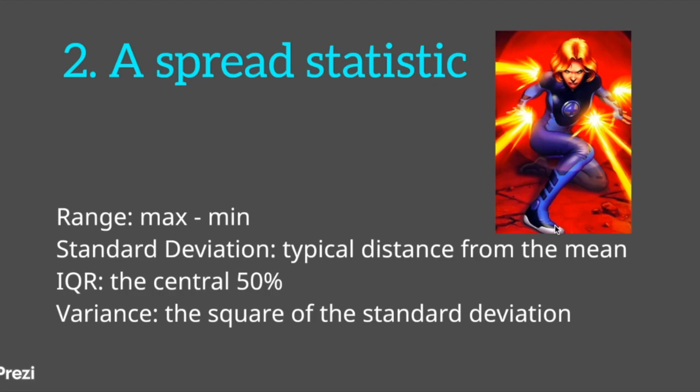All right. The second of the Fantastic Four would be to give a spread for the data. And just like the centers, you have certain options here. You can give the range, which is the maximum minus the minimum. And that's the easiest spread probably to give.